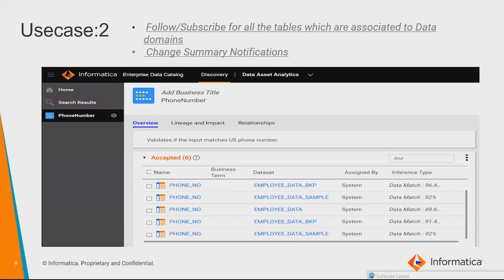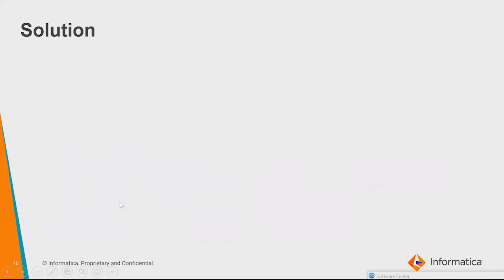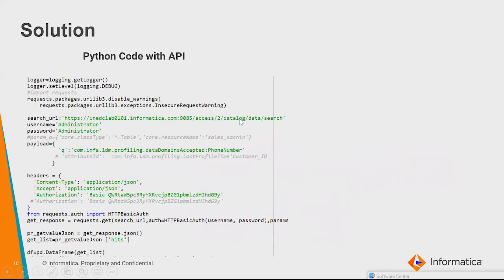So the solution for this is, as I mentioned, one API, the search API, and another API, the subscription API, which was used with this Python code. This is a sample script which I'm showing here. We will definitely showcase it in the demo itself.